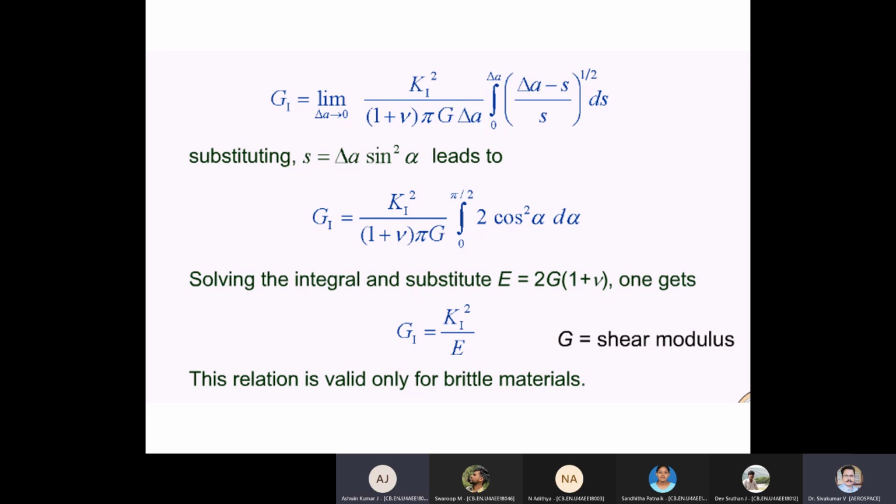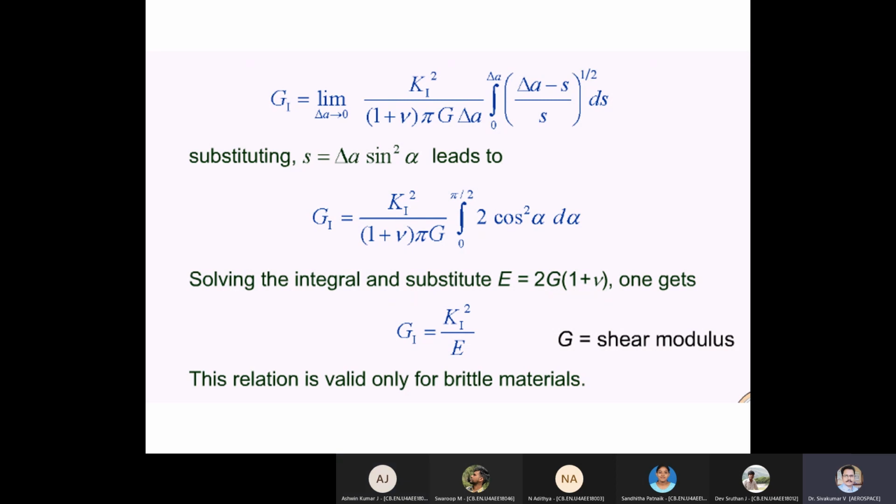Where are these kinds of relations useful from a practical point of view? Why do I need this particular relation? In reality, I want to analyze a structure.